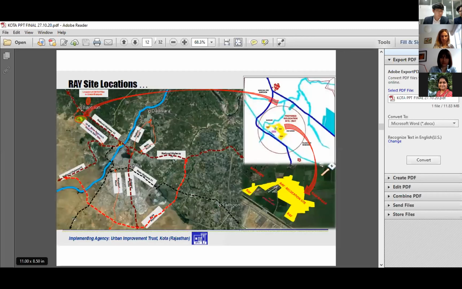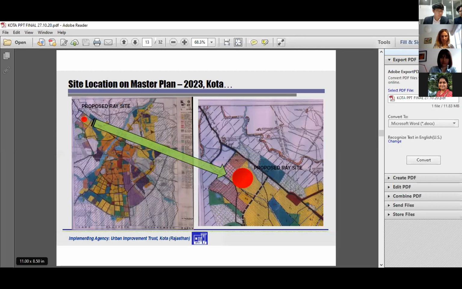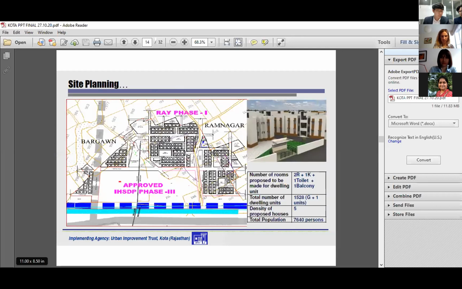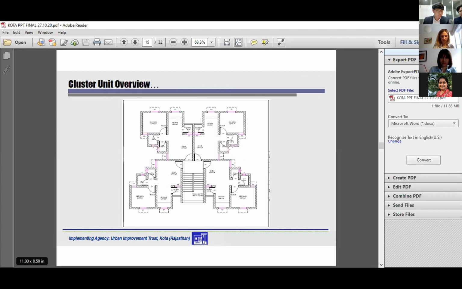This is the location. This is the layout plan of the scheme. It is situated on 12 hectares of land. Each building comprises 8 flats.